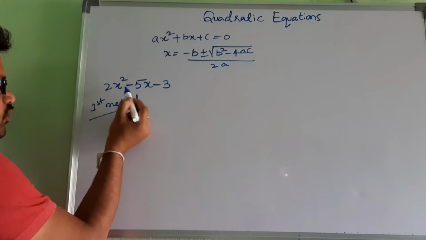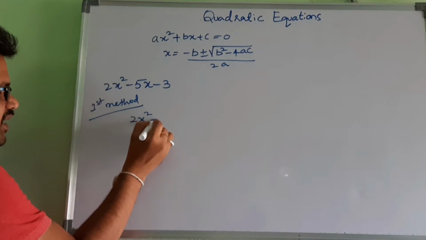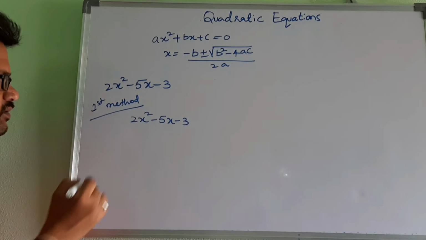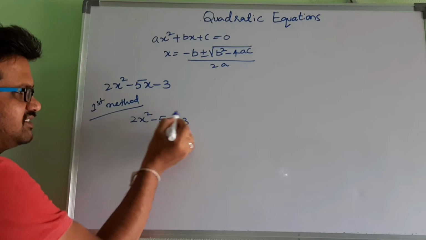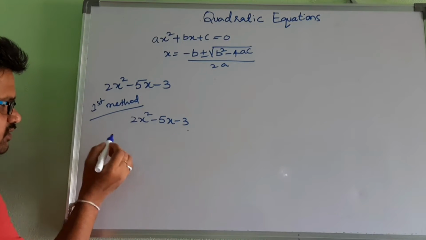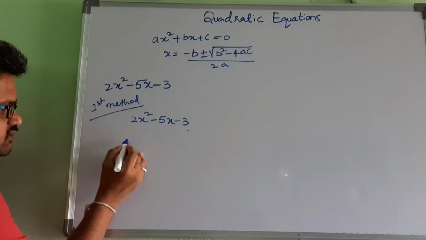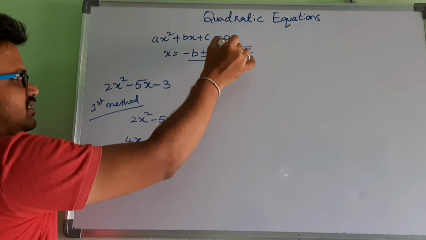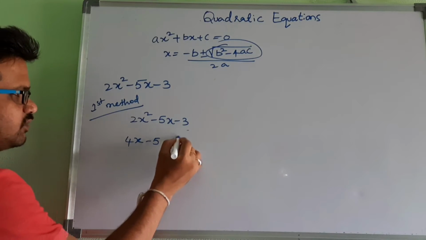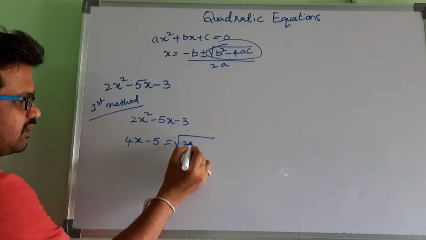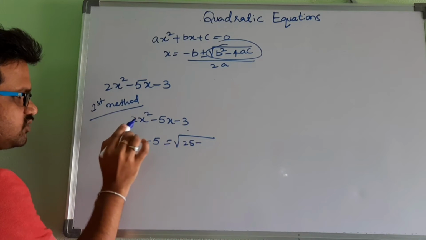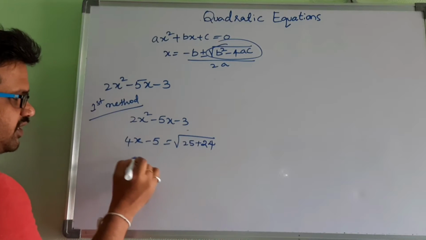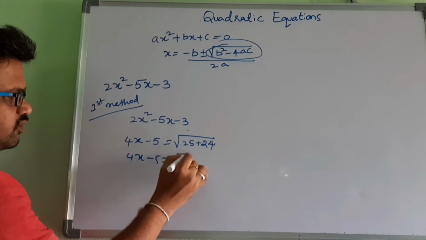In 2x² - 5x - 3, the x² coefficient is a, the x coefficient is b, and the constant is c. So I multiply x² by 4a, and the x term becomes 4ax - 5, which equals the square root of b² - 4ac. Here b is -5, so (-5)² is 25, minus 4 into 2 is 8, 8 into -3 is -24, so plus 24. So 4x - 5 equals the square root of 49.